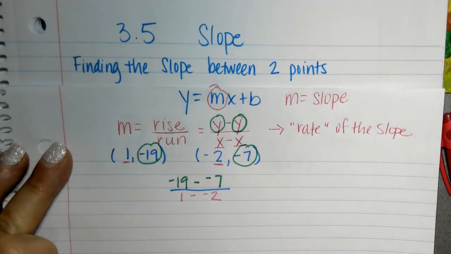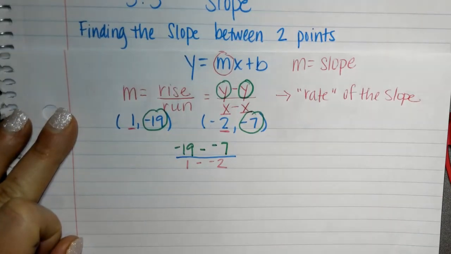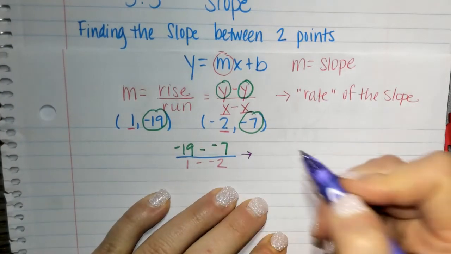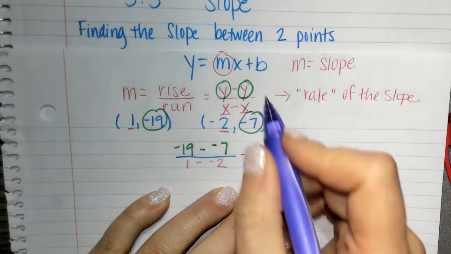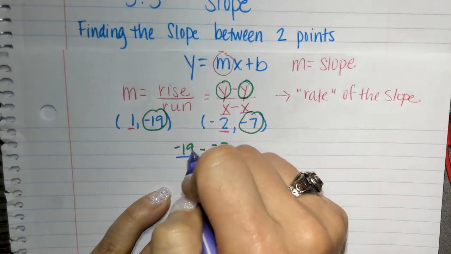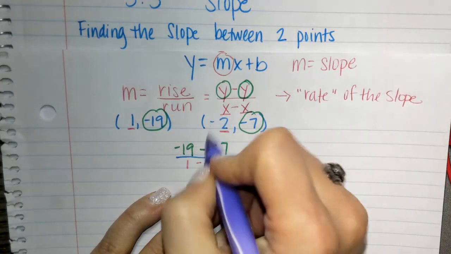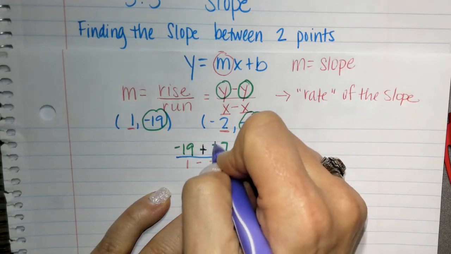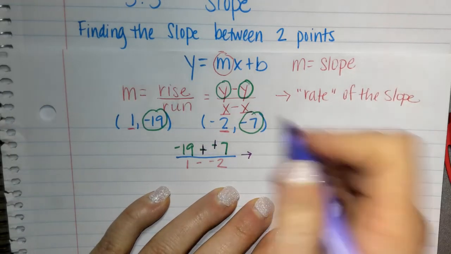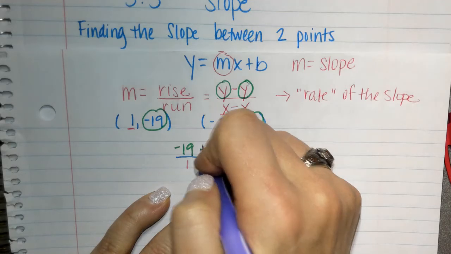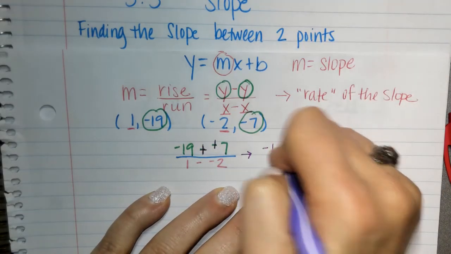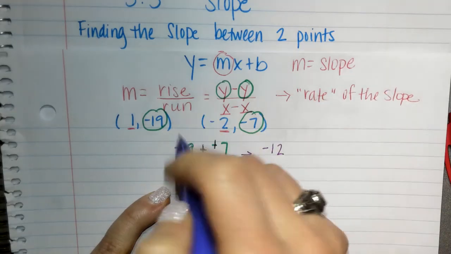Okay. So all we need to do right now is clean up those numerators and those denominators by doing some simple subtraction. You know when you're taking a negative number and you're subtracting another negative number, you have to change it, it becomes plus the opposite. So you have a -19 plus a +7. Well, that really means that you have a -12.